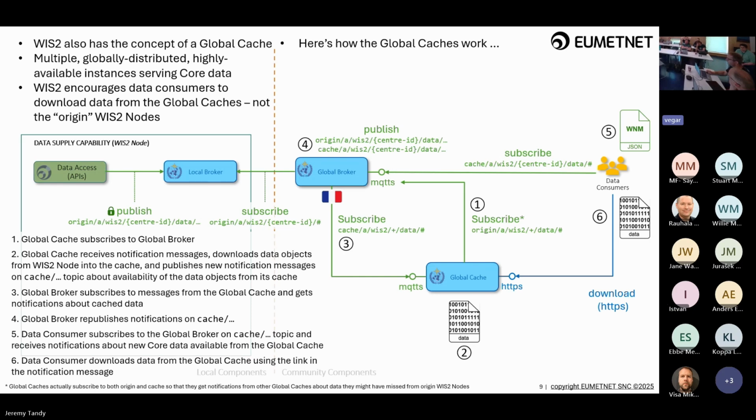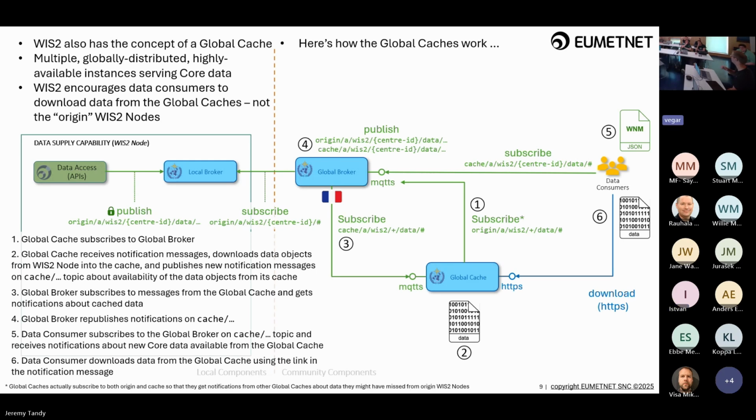Yeah, that makes sense. Also, I don't know if you mentioned it, but since there are multiple global caches, and everyone publishes the message, if you simply listen, you end up downloading the same thing multiple times. Yeah. As a data consumer, you need to look at the data ID in the message and figure out if you've downloaded that one already.